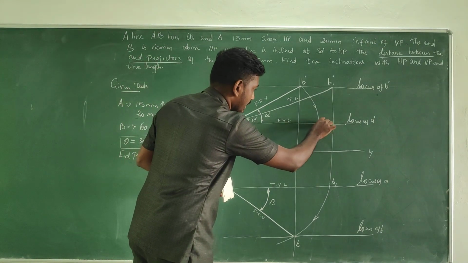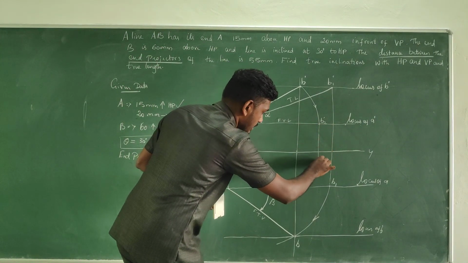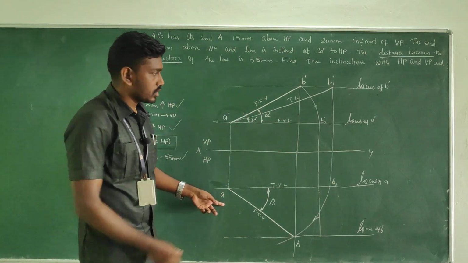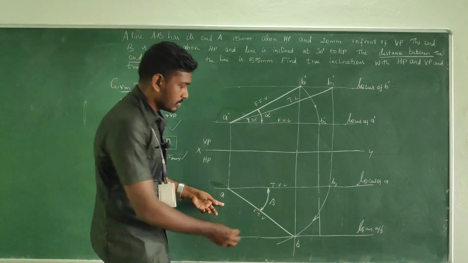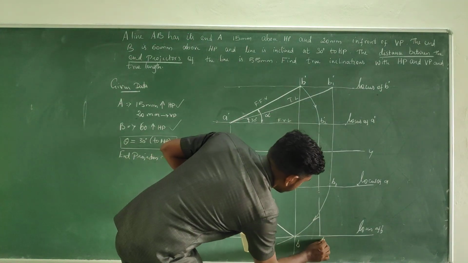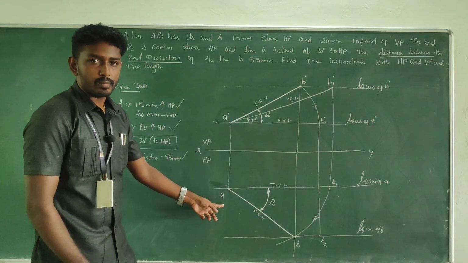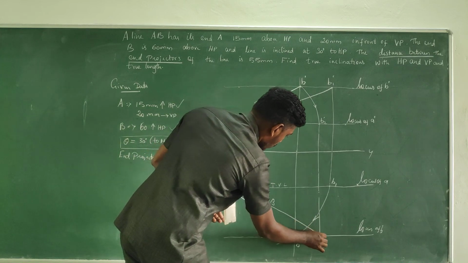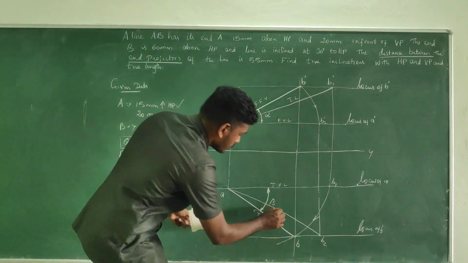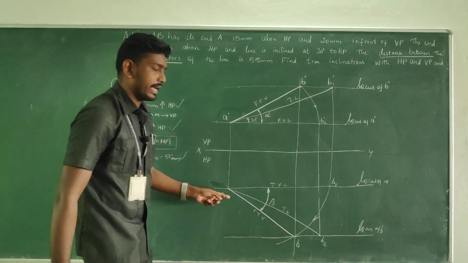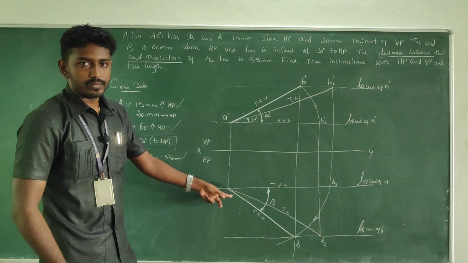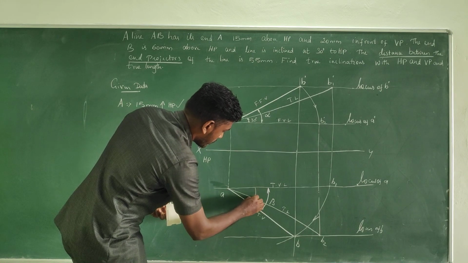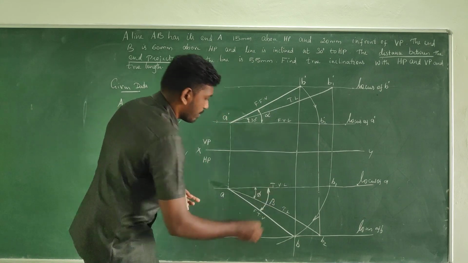So just extend the line from B2 dash, bring it to the locus of B. Okay, it's a 90-degree line. You get the intersection point, it is B2. If you connect a line A to B2, you get the true length in the top view, right? So now the true inclination in the top view, phi, is available.